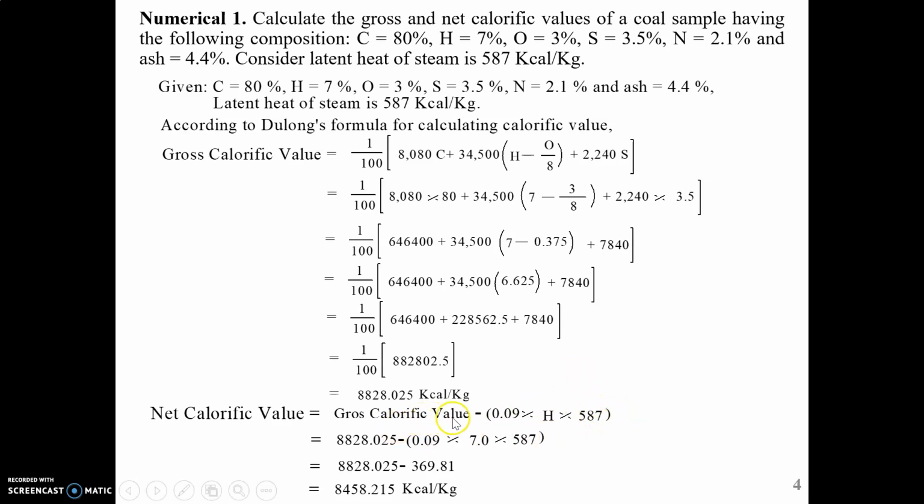So, 8828.025 minus 0.09 × 7 × 587, which comes equal to 8458.215 kilocalorie per kg. In this way, we can calculate the gross calorific value and net calorific value of chemical fuel using Dulong's formula.